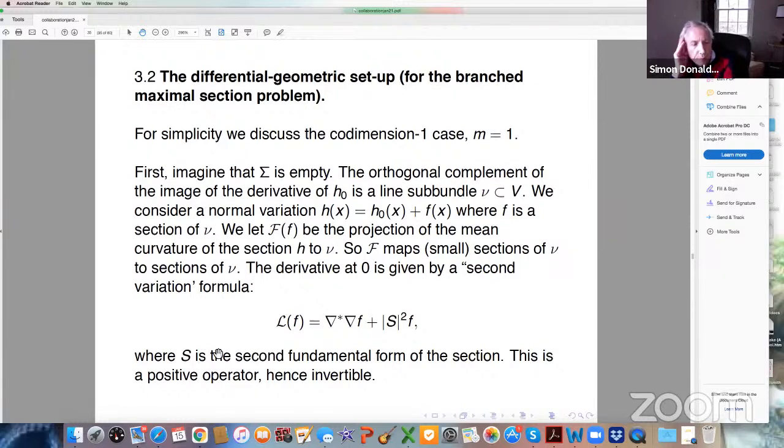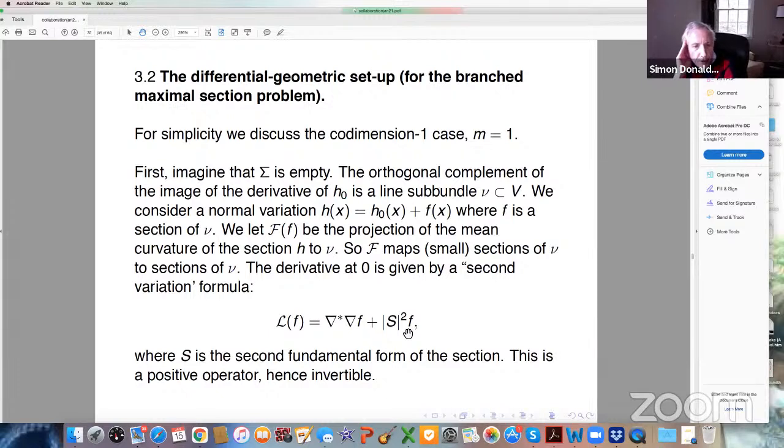In the Euclidean situation, we would get minus the norm of S squared times f. In other words, in the Euclidean situation, the more the submanifold twists and turns, the more that has a tendency to make the second variation negative.